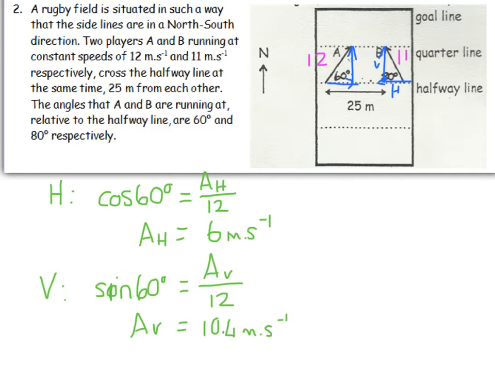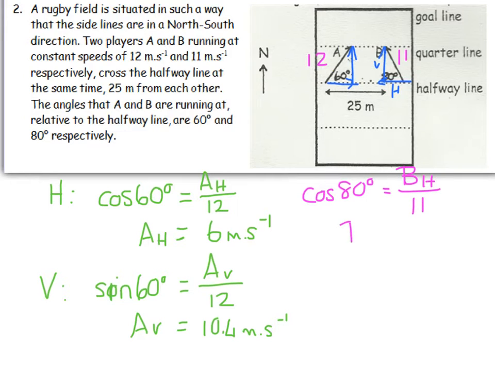The next one that I do is on the next triangle, I've got 11 as a hypotenuse, I've got a vertical which is opposite to the 80 degrees, and a horizontal which is adjacent to the 80 degrees. So I'm going to go cos of 80 degrees is equal to B's horizontal component over 11.